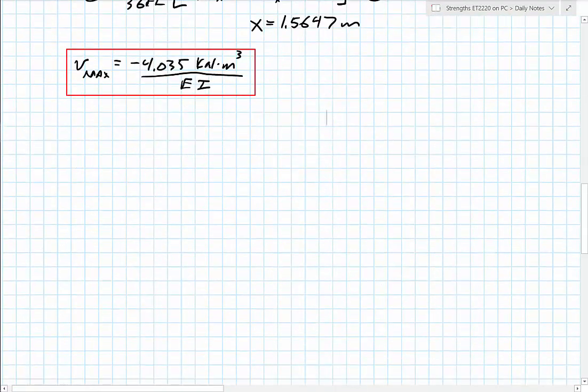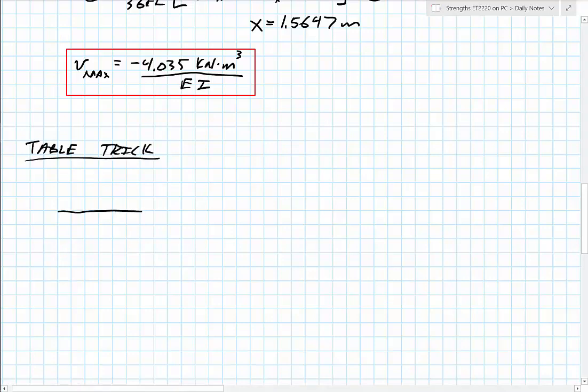I do want to say one thing that'll help a lot with the homework. I call this a table trick, or another way that you may want to manipulate the table. And that is for a cantilevered beam with a distributed load that's only on the second half of the beam. So let's say I had something like this, 5 kips per foot, and these lengths were 2 5-foot sections, or a 10-foot cantilevered beam.